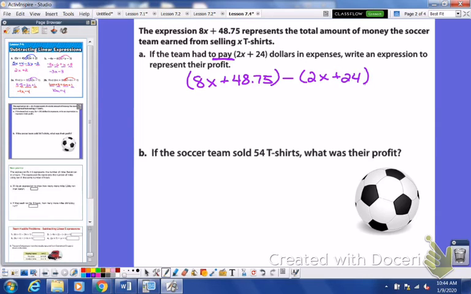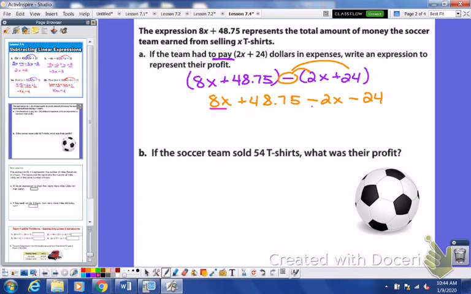Now we want to simplify it, so we always simplify. So we're going to distribute our negative, distribute our minus. So 8x plus 48.75 minus 2x minus 24, because we are changing the signs afterwards.